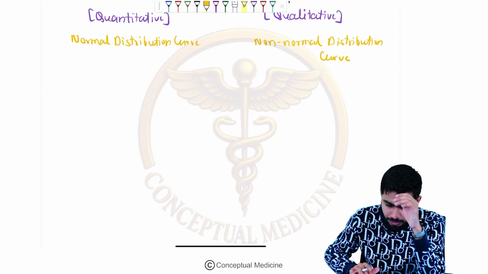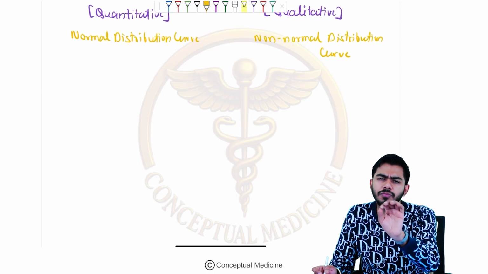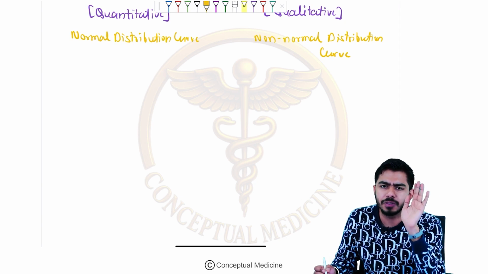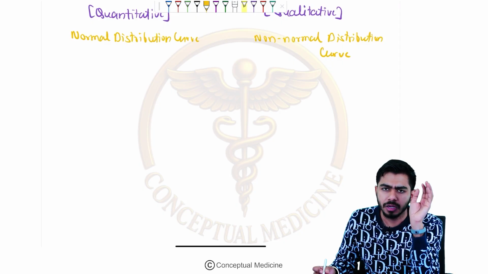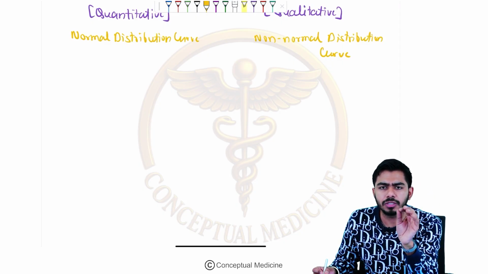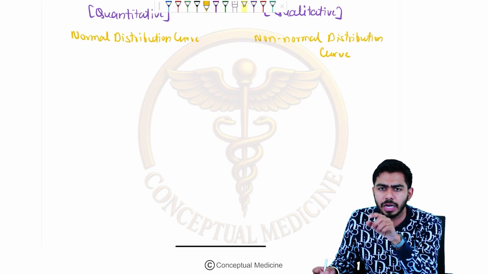So for example, we choose a single group. We take a single group of 50 students, let's say, and we check the RBS of these 50 students. After that, we did the oral glucose tolerance test, OGTT. We gave 75 grams of glucose in water and asked them to drink it.